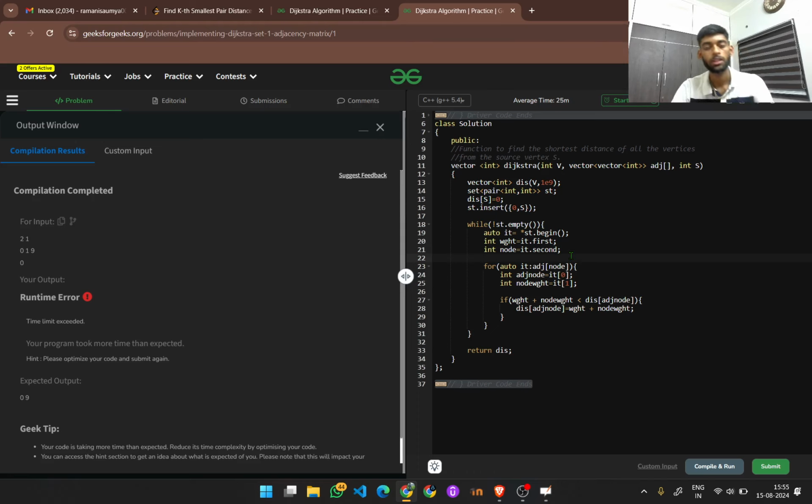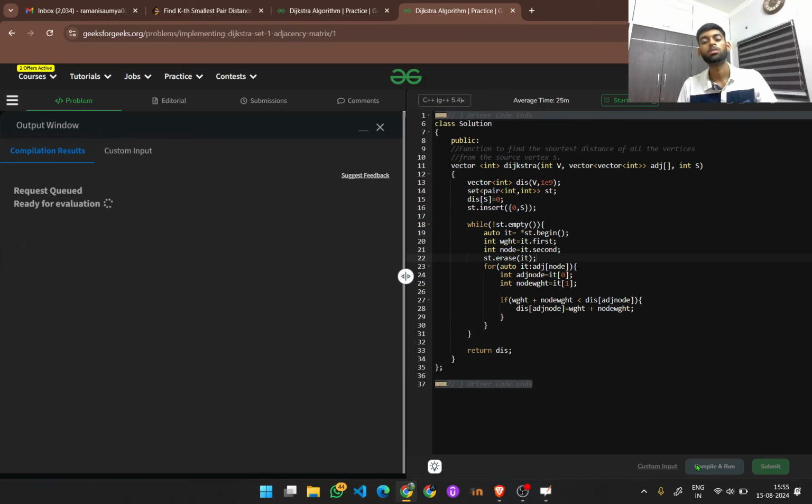Okay, yes. It is giving time limit because we are not removing st.erase, because we have to remove that particular node. Okay, sorry.